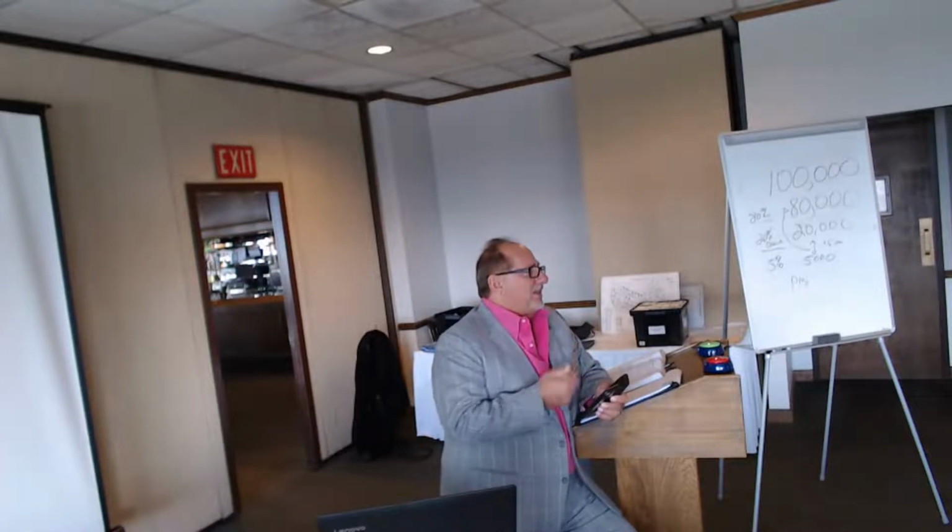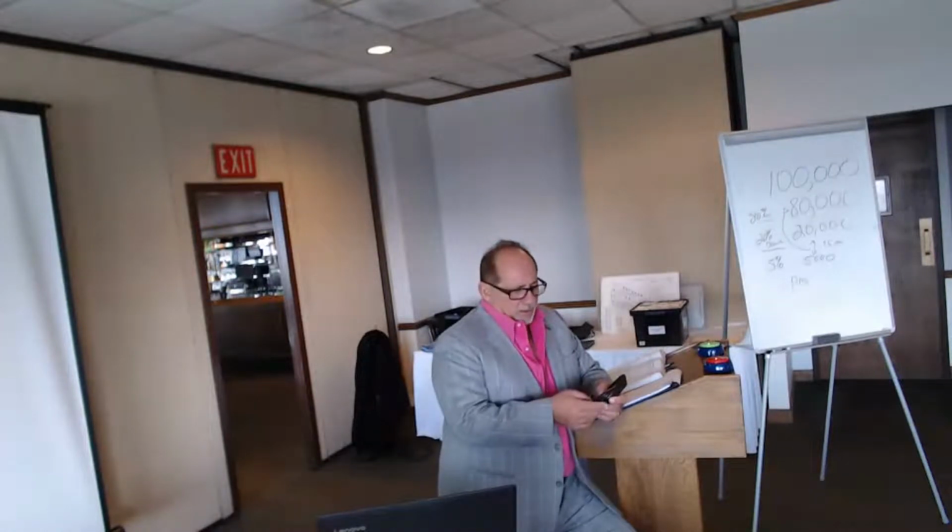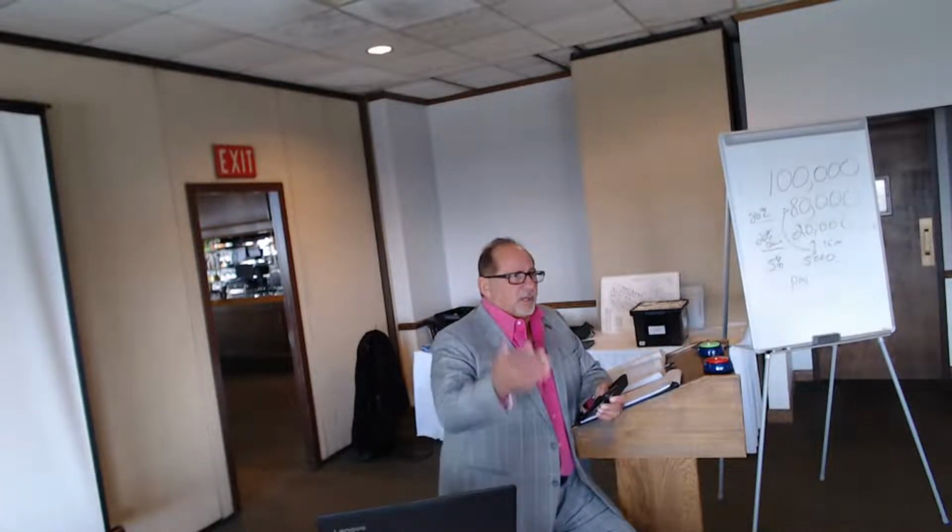What's 1% of 80,000? $800. Divide that by 12, because there are 12 months in a year: $66. That's how you figure out somebody's private mortgage insurance payment. Now, it could be half of that, because they said 0.5% to 1%. That's not bad.